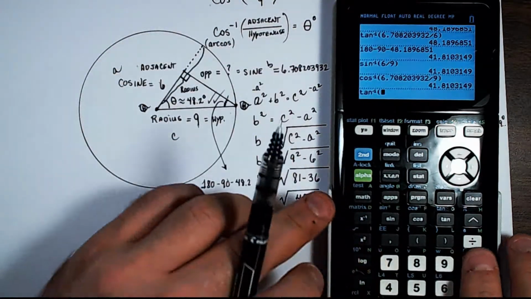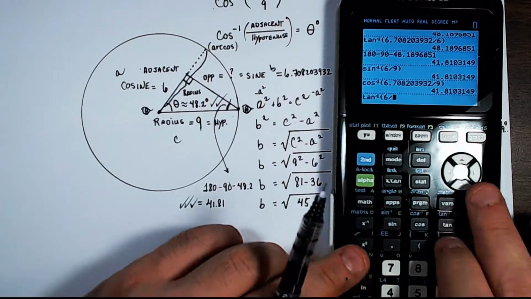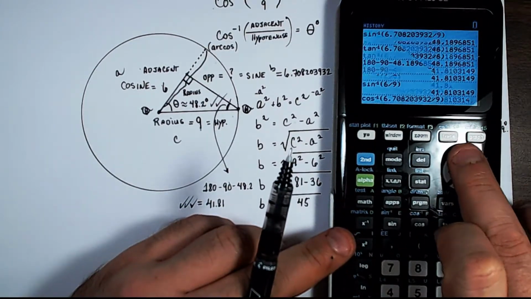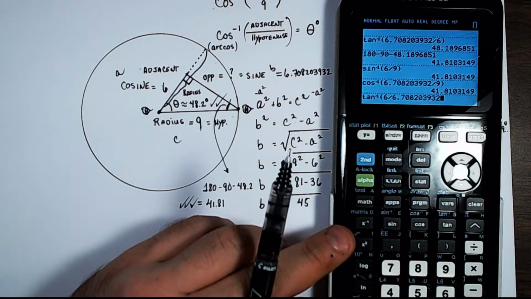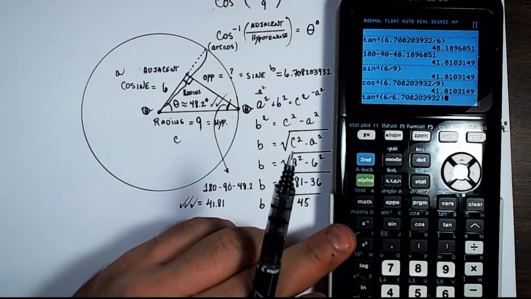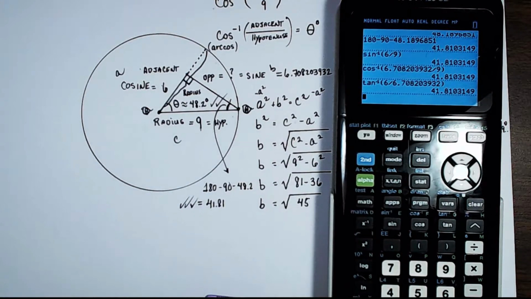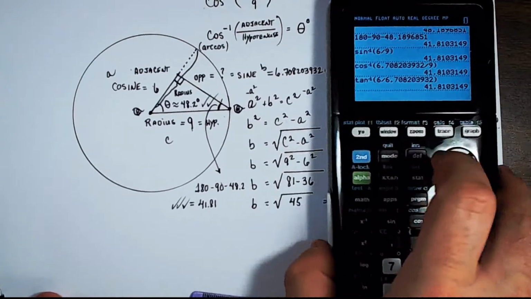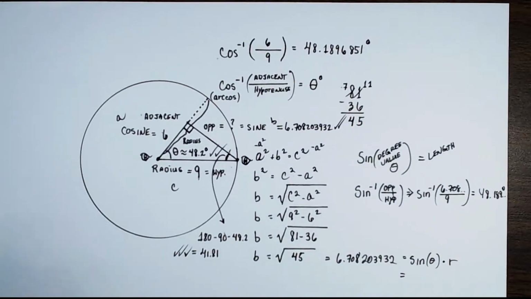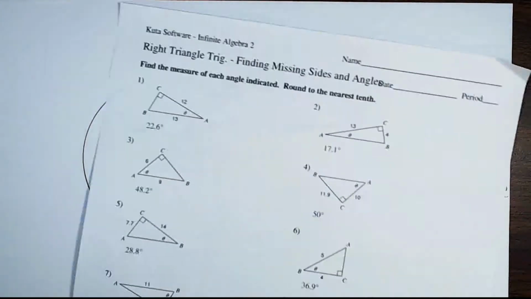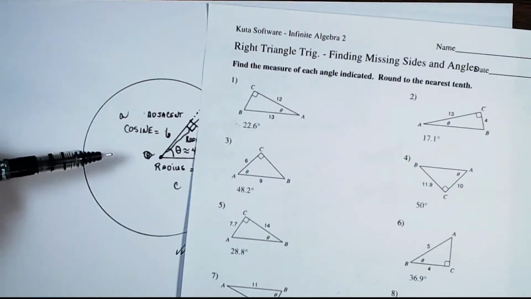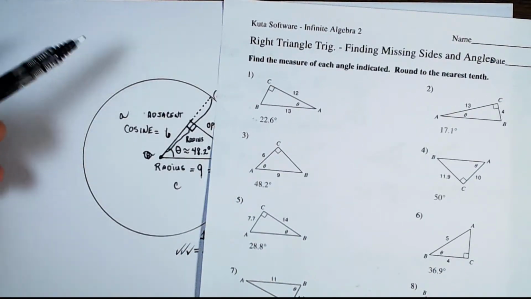So let's do that. 6 divided by that value, 6.708, and we get the same angle. Okay? So that's kind of all the things that we can do with that problem. And we just verify that in fact it is 48.2.